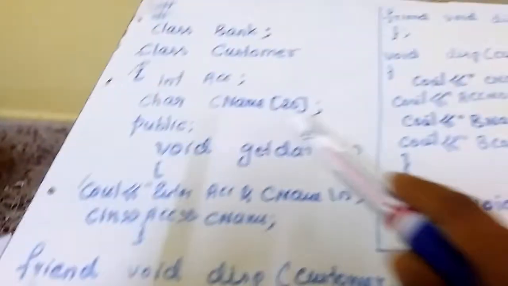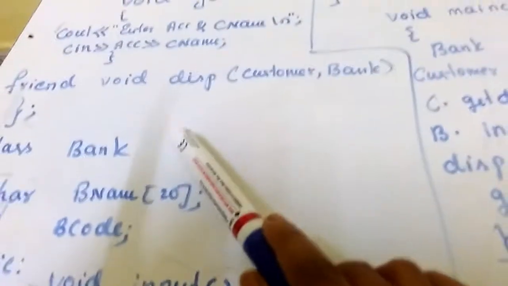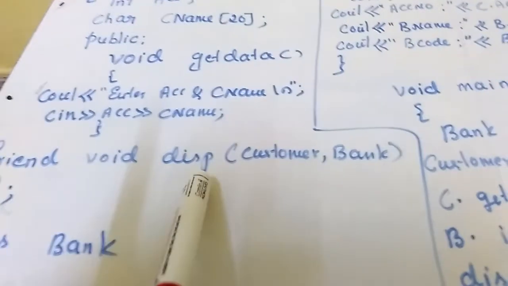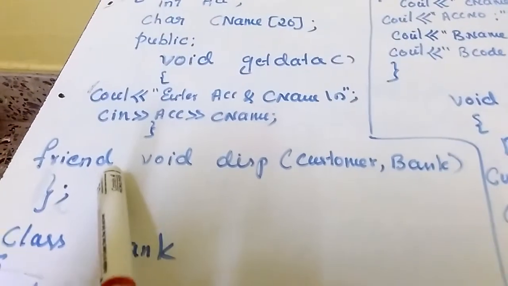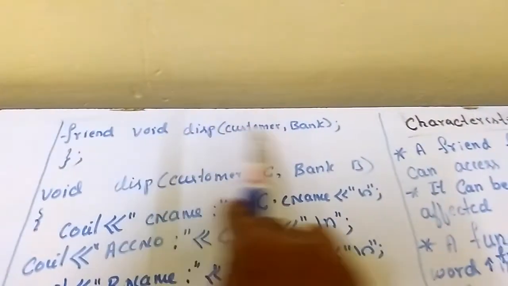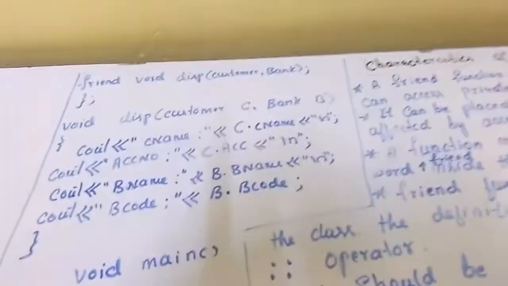See here, there are two classes now, class customer and one more class bank. In this class, we have declared void display, and we preceded it with the keyword friend. In class bank, I have also declared it, so this display function has become friend to two classes.